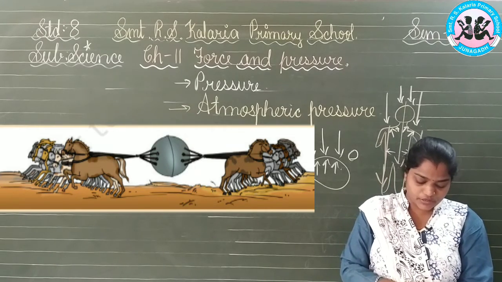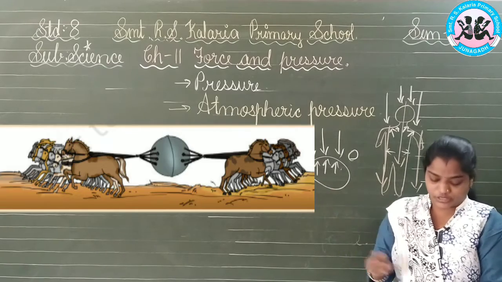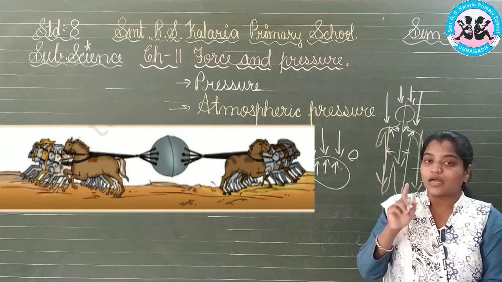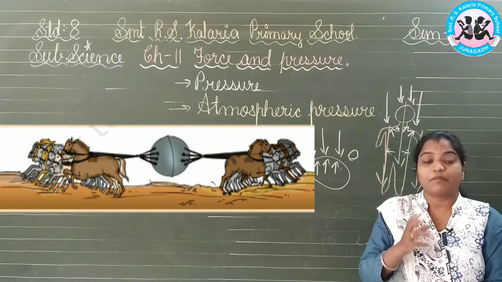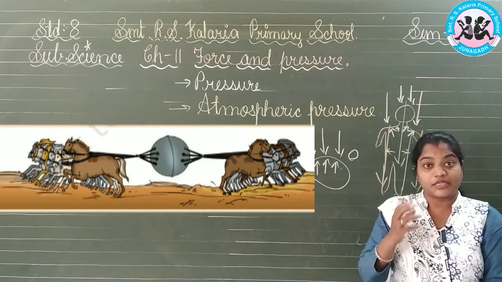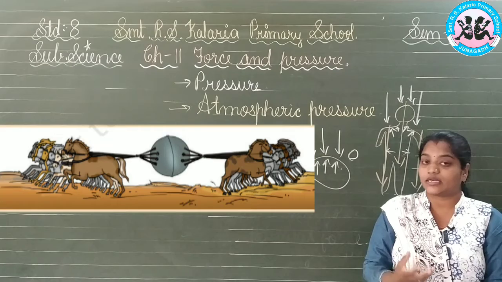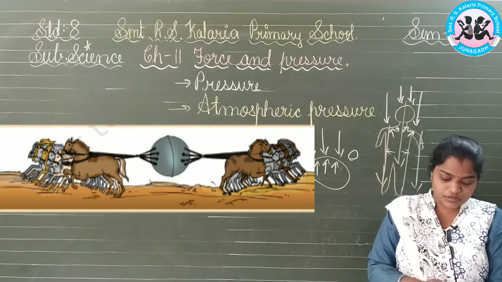Then he employed 8 horses on each hemisphere, as you can see in the picture, to pull them apart. One horse also gives a lot of force by running, we know that. But here 8 horses were applied on each hemisphere, so you can understand how powerfully they would have run. Now what happened?